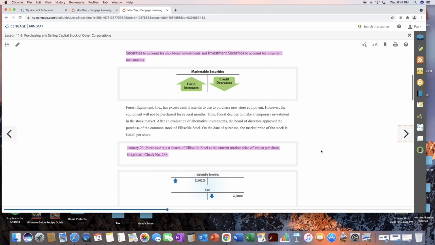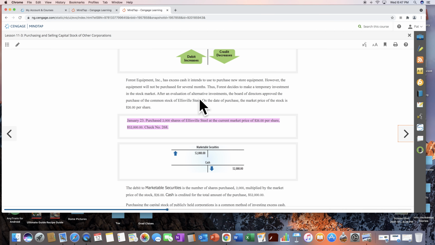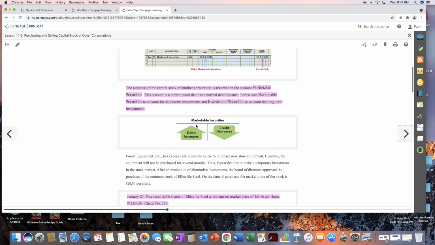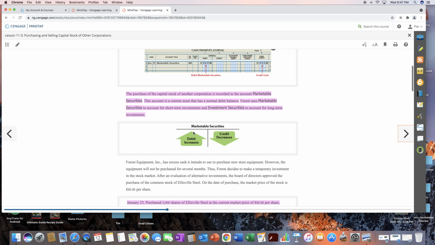So the scenario here is we have excess money and we decide we're going to put some money into Ellisville Steel.